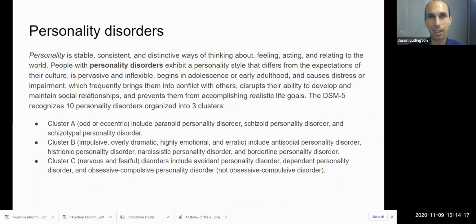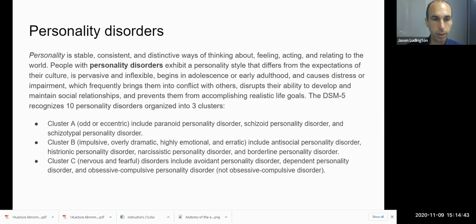So we all have personalities, we all have personas, just like we all have identities. But the personality becomes a disorder when it interferes with your ability to maintain social relationships and causes stress in others and in yourself. So, just like any of the other disorders.